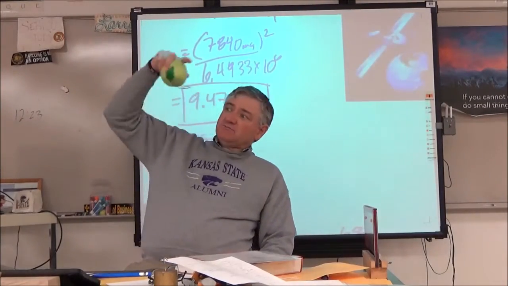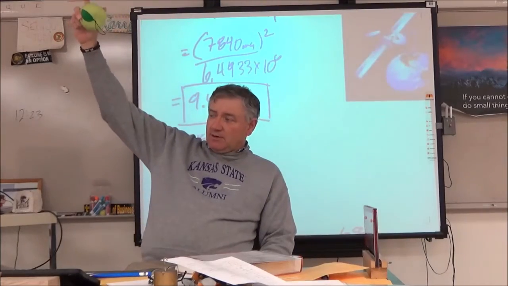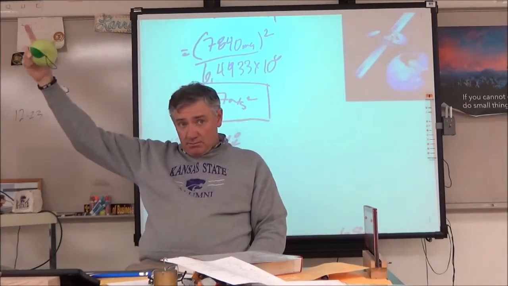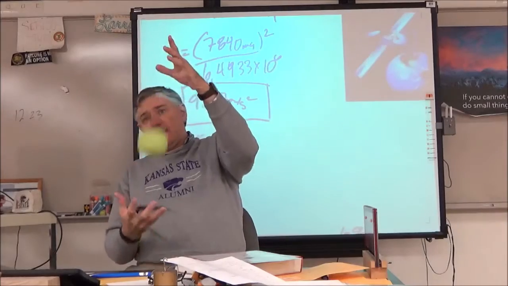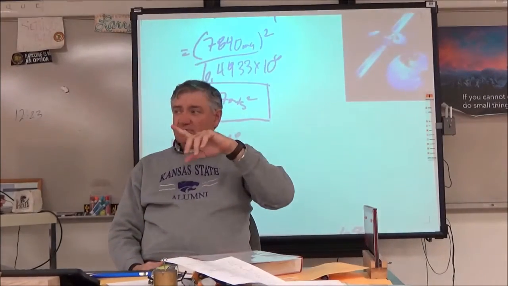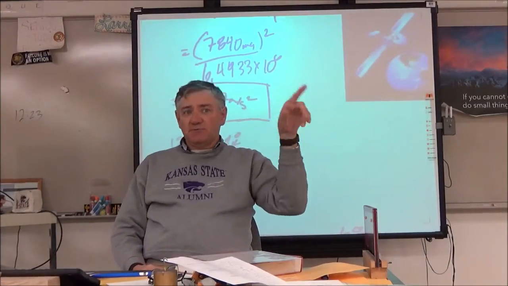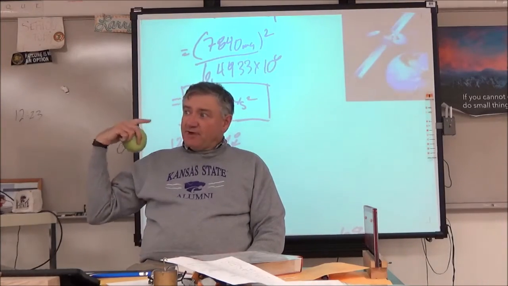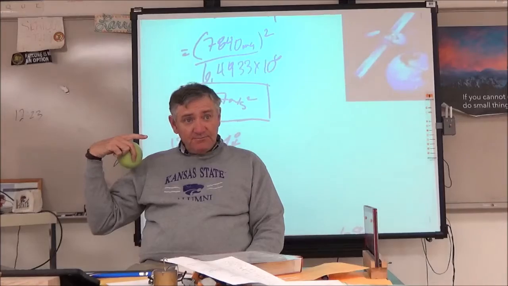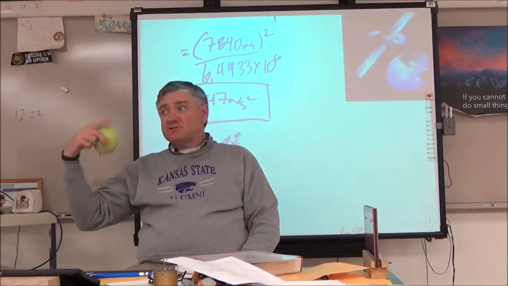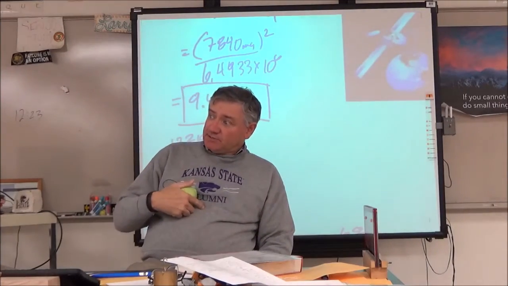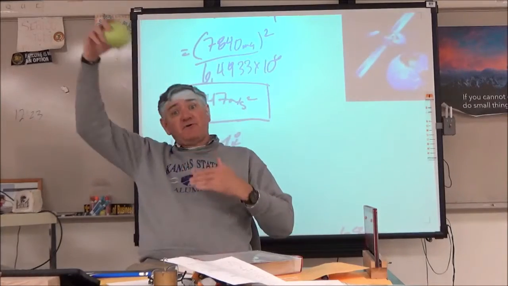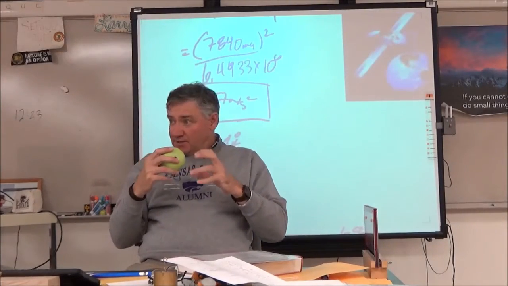Now, imagine we're standing on top of this tower that's 50 miles tall. When I drop that apple, is my acceleration going to be bigger or smaller than 9.8 meters per second squared? Smaller. So when I do this calculation, my acceleration should be less than 9.8 meters per second squared because I'm farther from the center of that gravitational field.